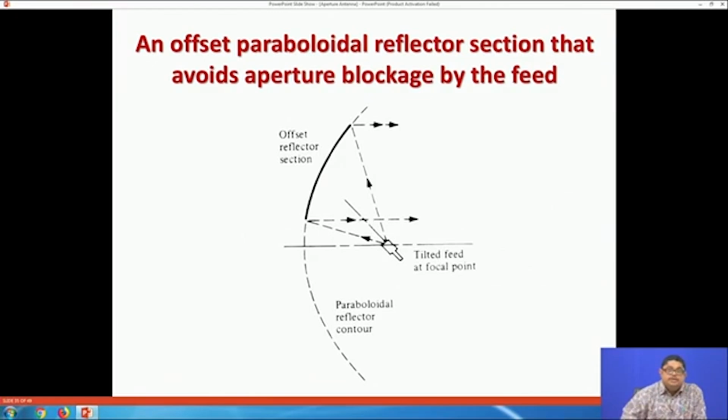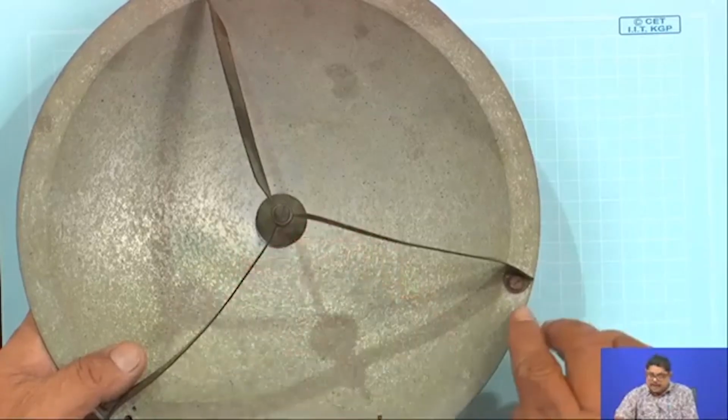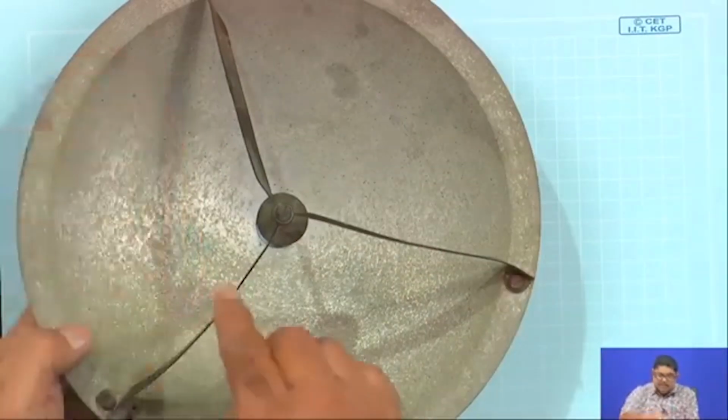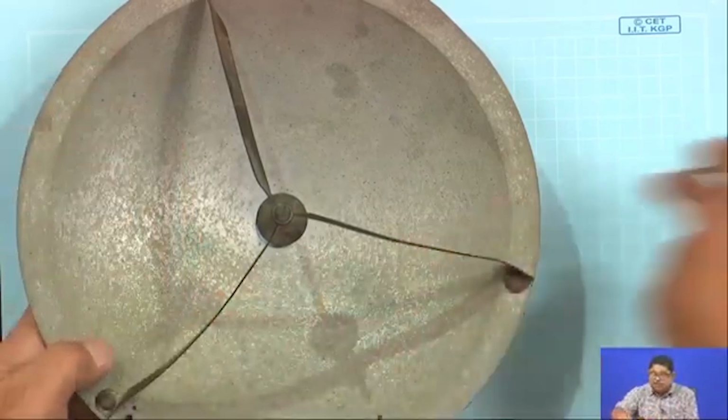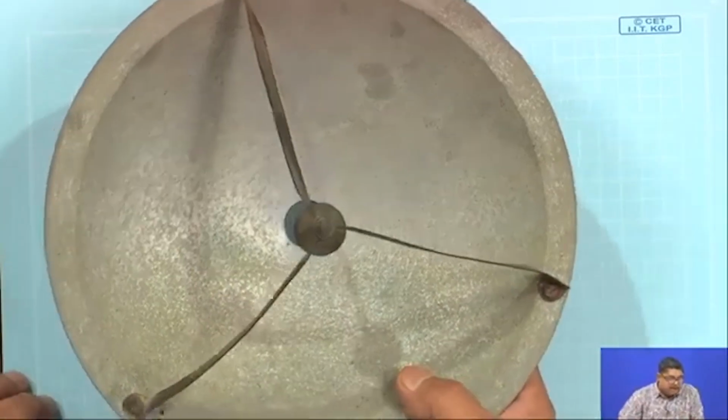In some radio astronomy applications, the problem is that the radiation pattern of the feed generally does not go to 0 at the edges of the reflector. Look here, the feed pattern at the edges of the reflector generally does not go to 0, it goes beyond that.